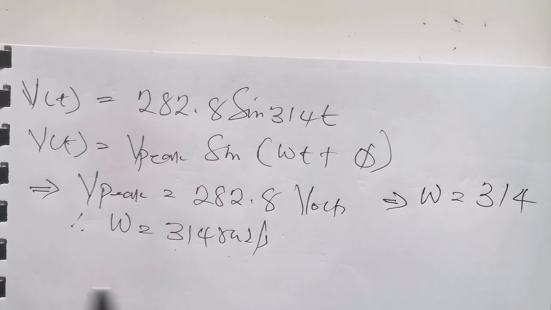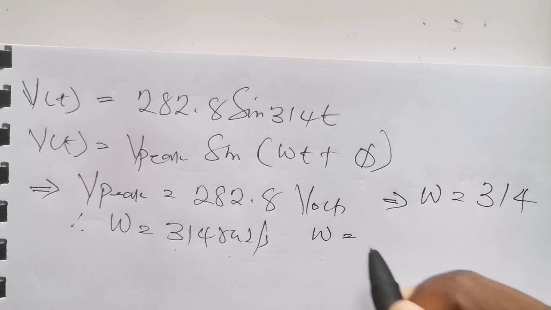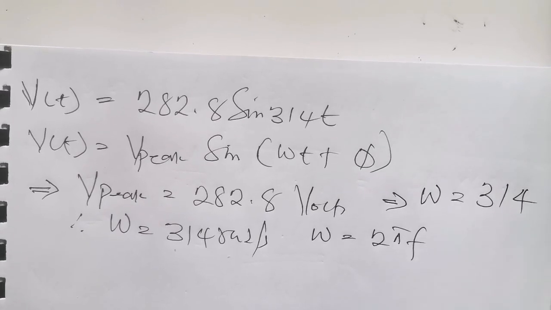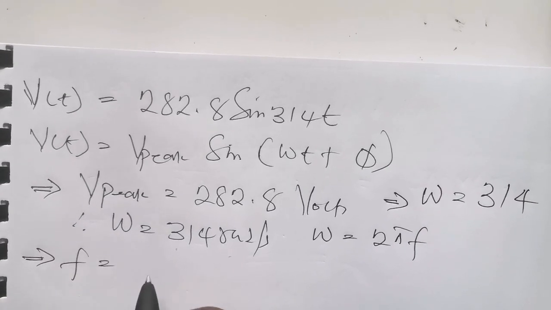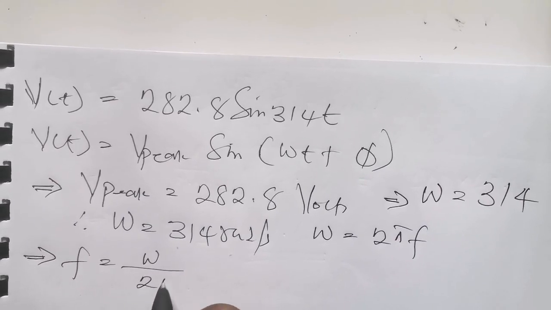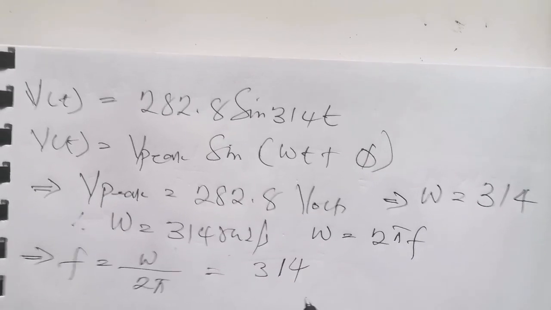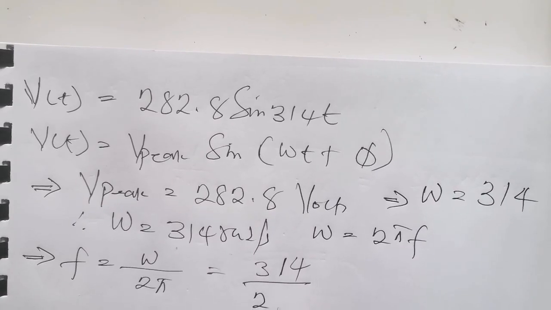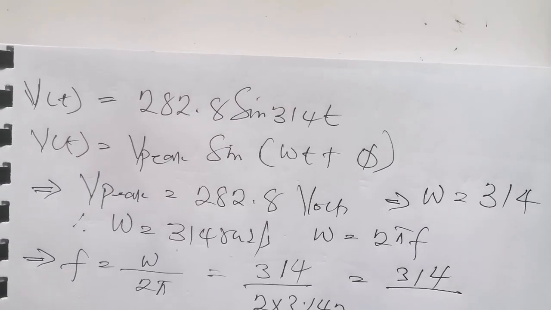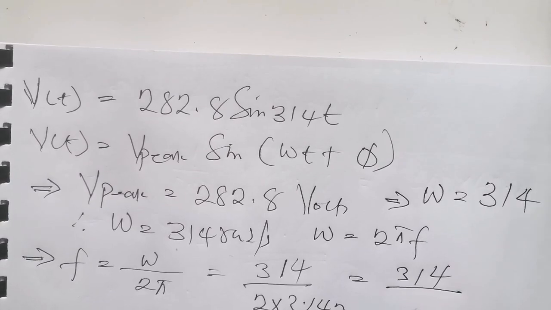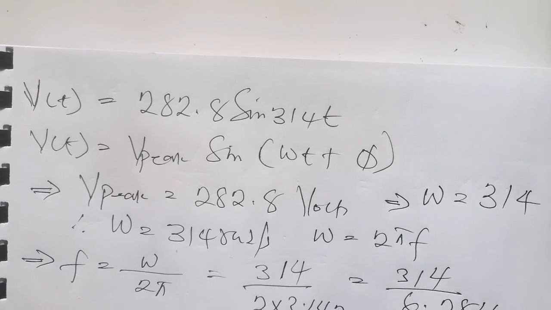But you can also convert the angular frequency to hertz, knowing that our angular frequency is the same thing as 2 pi f, where f stands for the frequency in hertz. So the frequency in hertz is simply the angular frequency over 2 pi. This is equal to 314 over 2 times 3.142, which is 314 divided by 6.284.